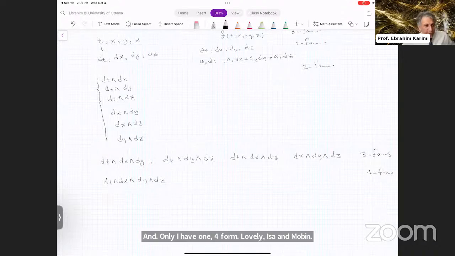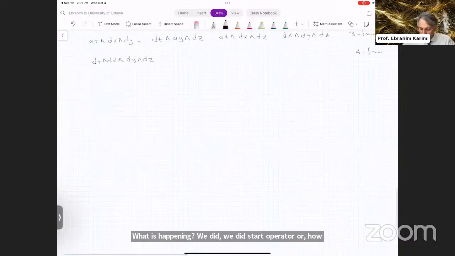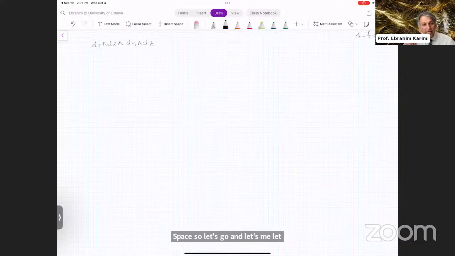Now the question is, what is happening with the dual of them? What is happening with the star operator, or the Hodge operator, of this space? Let me introduce this. Here the metric also plays a role, and the metric is really important.